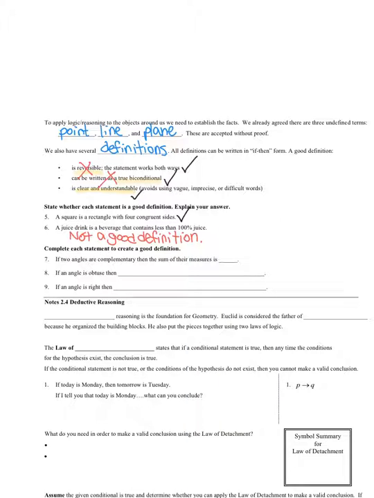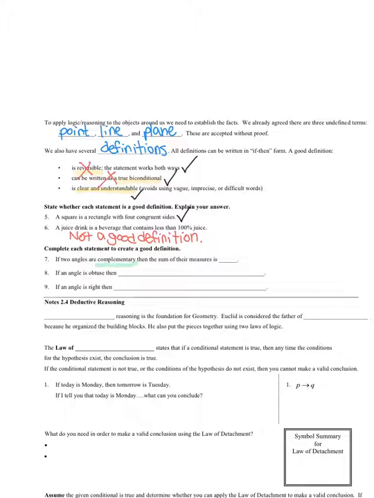So, if we want to create a good definition for some of our mathematical geometry terms, we need to keep these rules in mind. It has to be reversible, so we can write it as a true biconditional, and it needs to be clear and understandable. Avoid using vague words like big or small. For instance, number 7, if two angles are complementary, so now complementary is our vocab word that we're defining.